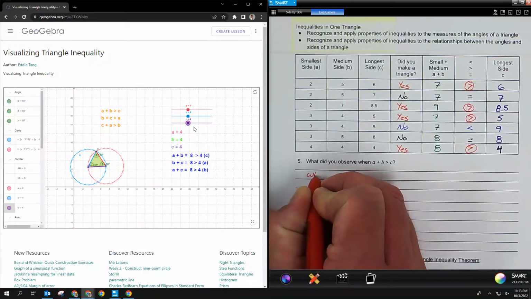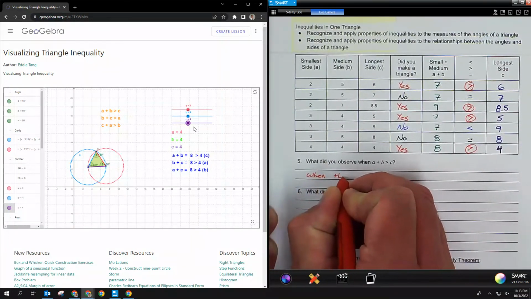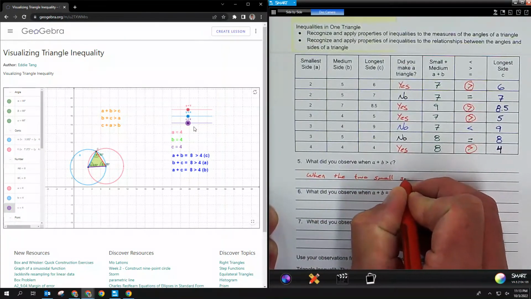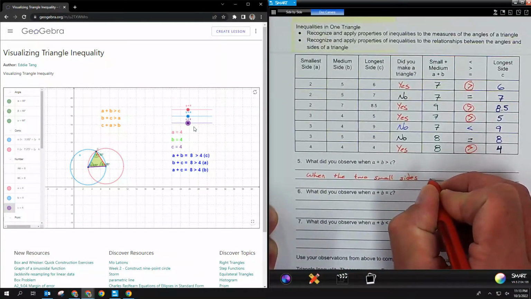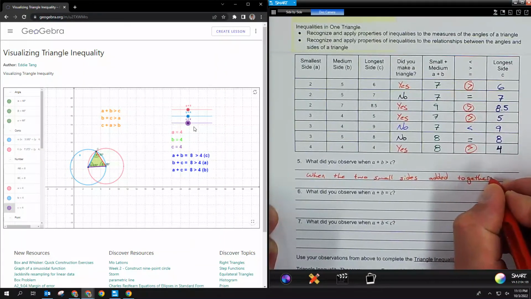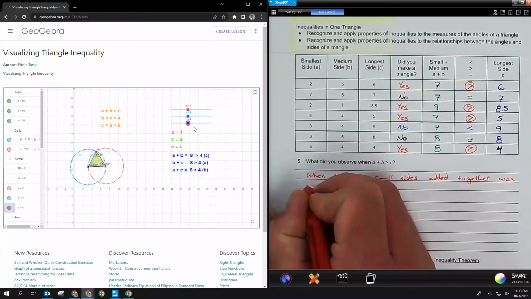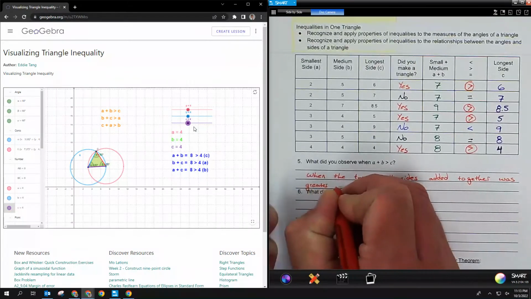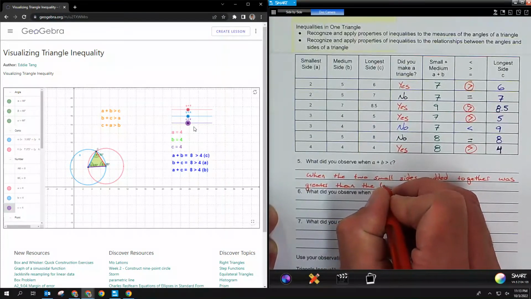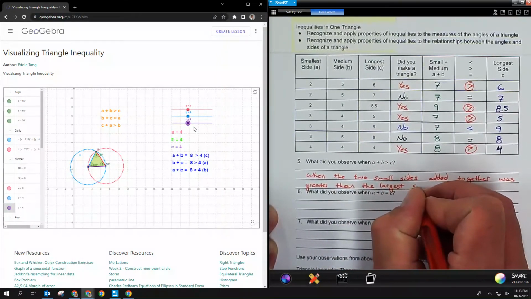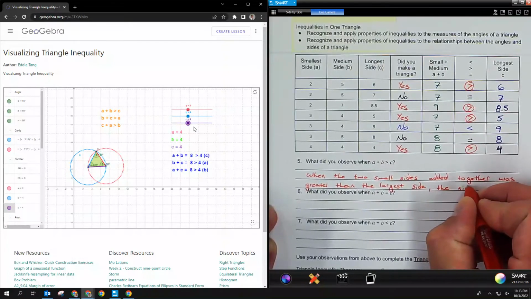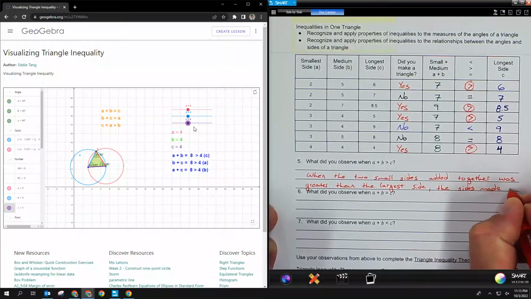So when the two small sides added together were greater than the larger side, the sides made a triangle.